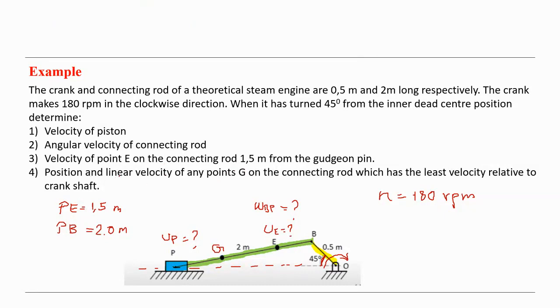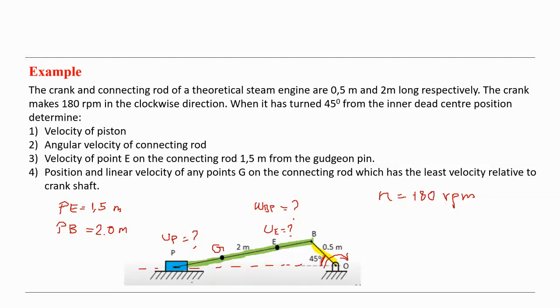It is the point on the rod which has the least velocity relative to the crankshaft.